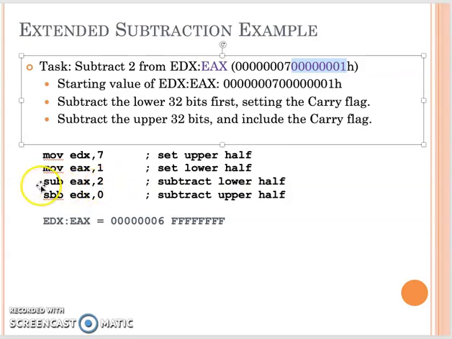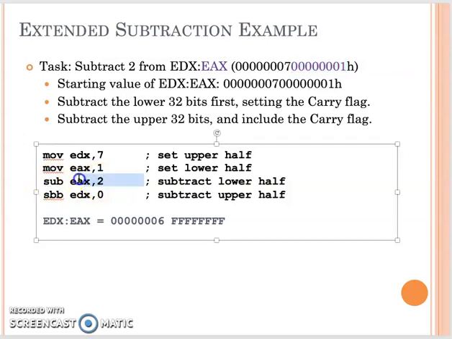Now when we perform the SUB instruction, we can only focus on the EAX first. This EAX I subtract by 2. But 1 minus 2 will become FFFFFFFF, and the carry flag will be set.